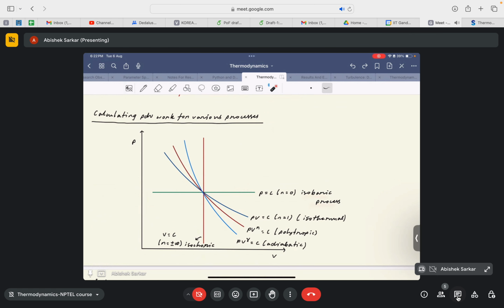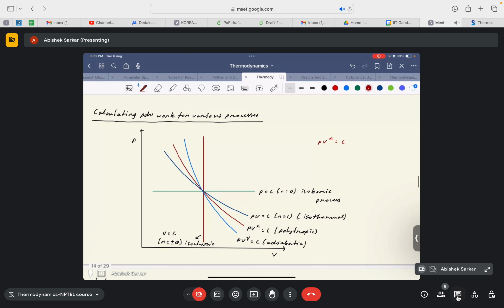If we consider a standard relation between pressure and volume, say PV^n equal to constant, then for n equal to 0 this term equals 1, so pressure becomes constant. So for n equal to 0 we have an isobaric process or constant pressure process.